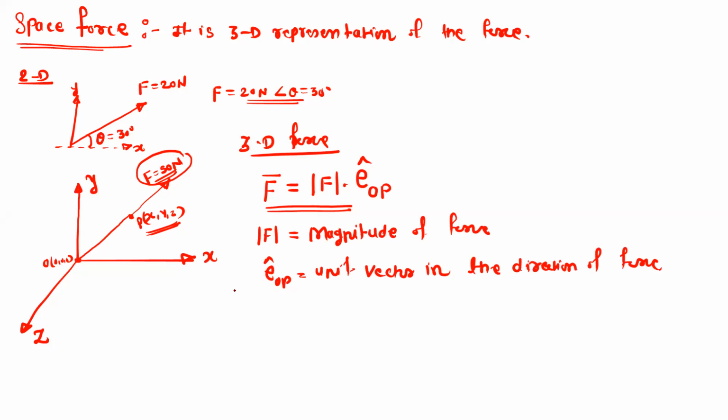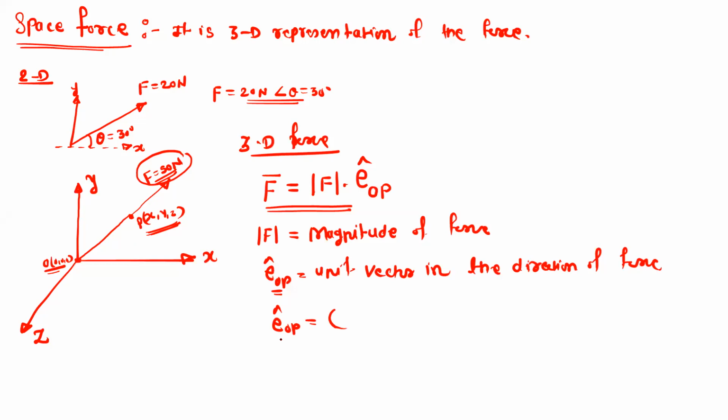Okay. So this E cap we can find out. So x, y, z, these are the coordinates of the point P through which the force is passing, and the force is starting at the point O 0, 0, 0, that is the origin.